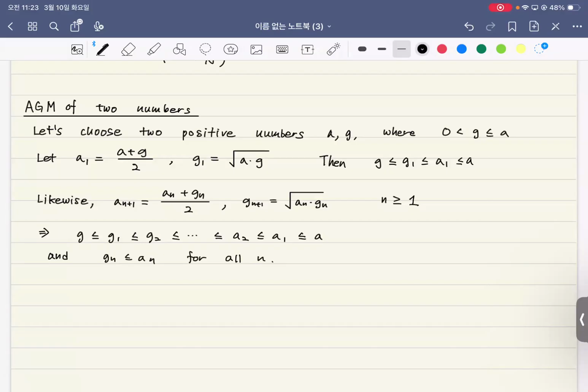This reminds me of nested intervals. So Gn and An form nested intervals. I was able to build nested intervals.